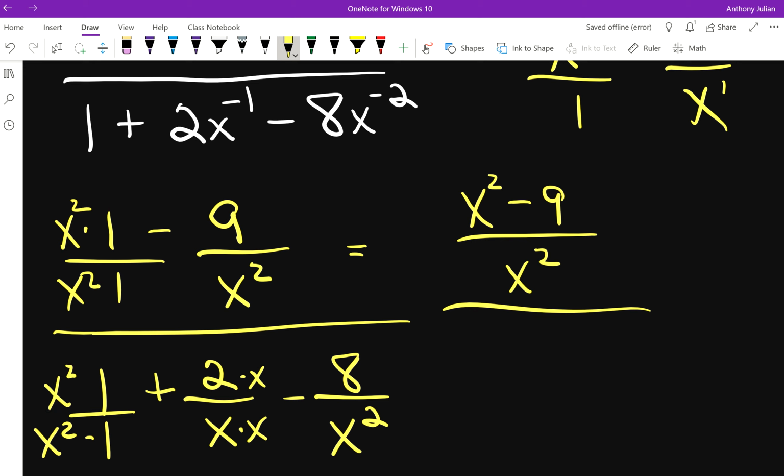So all of this becomes, let's see, my denominator is going to be x squared. My numerator is going to be x squared times 1 is x squared, plus 2 times x, which is 2x, minus 8.